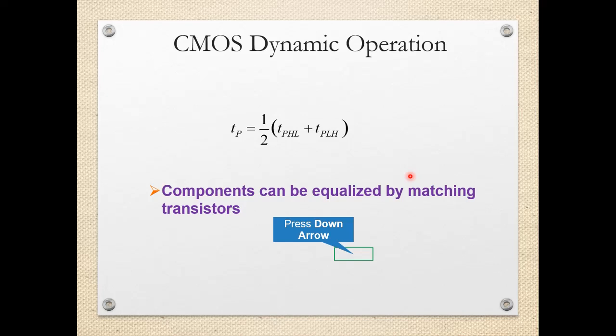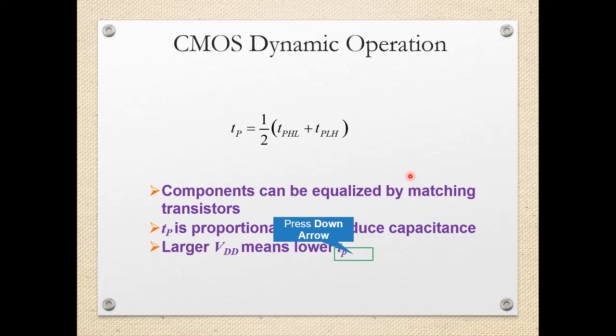Just now we have seen the W by L ratios of the transistors can be matched. TP, the propagation delay, is proportional to C. So we can reduce the capacitance. All the stray capacitances, that is the capacitances between the different leads of the MOSFET, can be reduced. Larger VDD means lower TP.